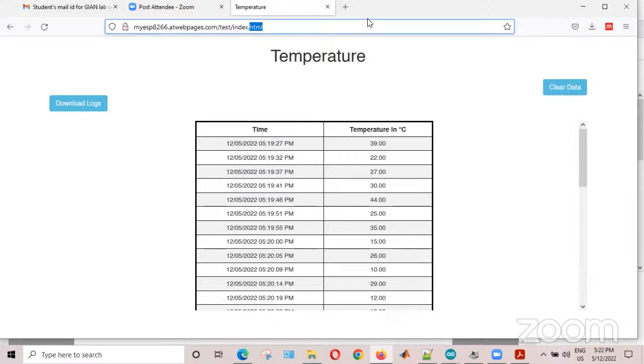But using Node MCU as a server means it has very little computation power, therefore it cannot handle a large amount of traffic. But it can be used for hobby projects, prototyping, or testing any proof of concept. So this was from my side.